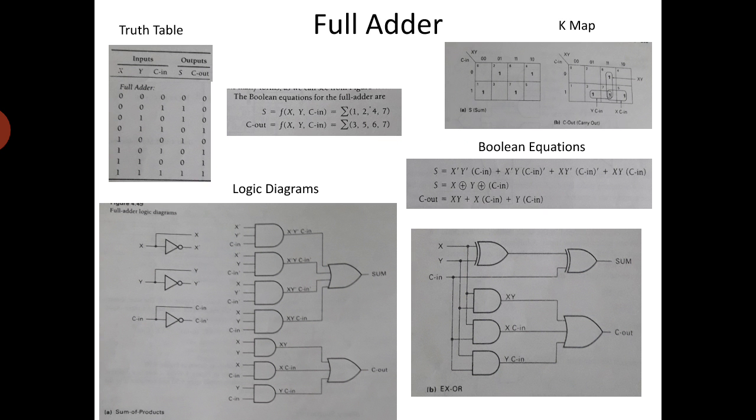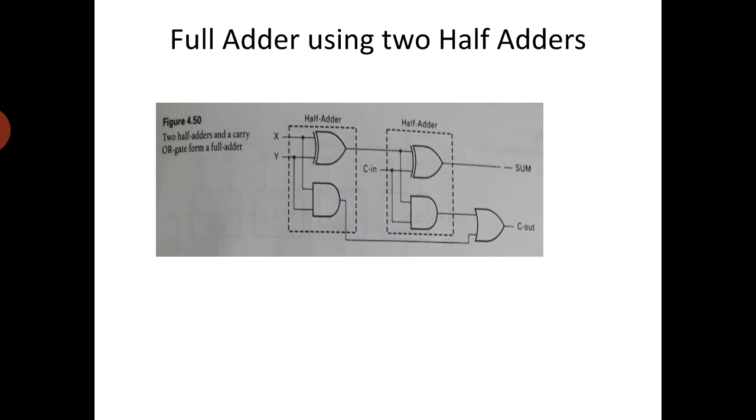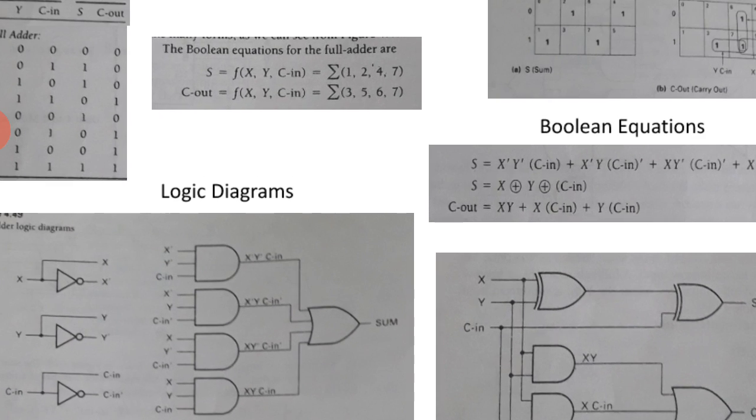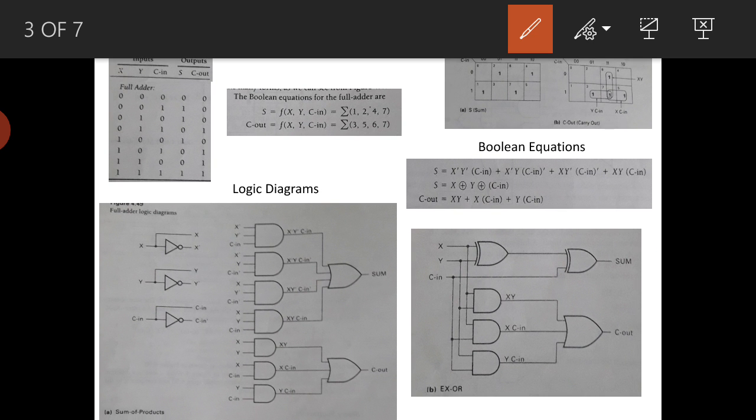Now if you take the full adder, first, what do we mean by full adder? Half adder means we have considered 0 plus 0, like x and y of single bit. Full adder means there are three variables, x, y, and for example z, so x plus y plus z.